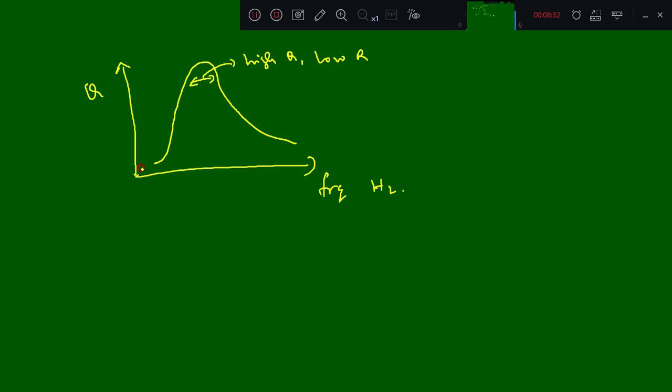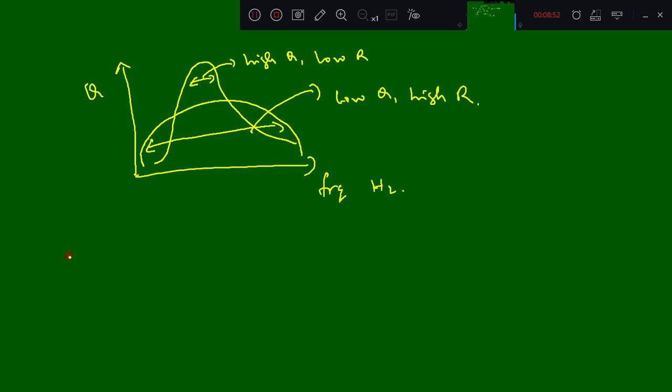If the curve is like this, the bandwidth is high, so at this part there is low Q and high R.